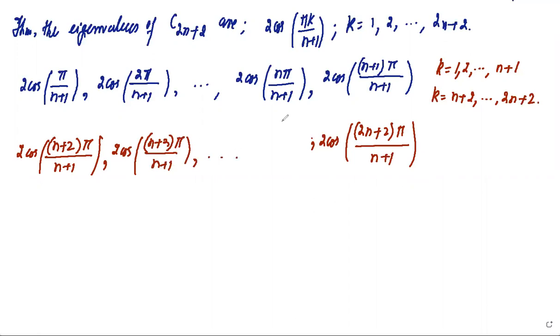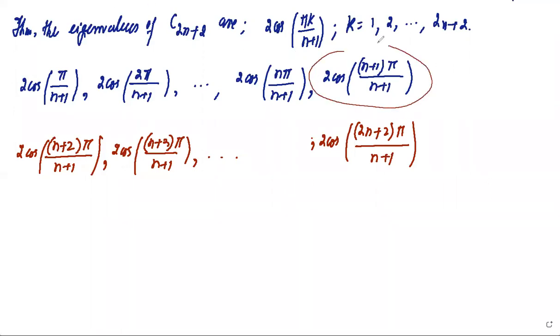Now when we look at this eigenvalue, this one is actually equal to 2 cos pi, because n plus 1 and n plus 1 cancel, so this is equal to minus 2.